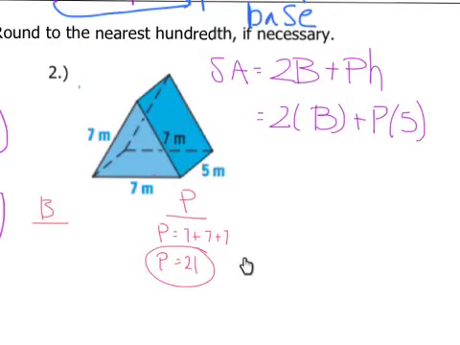Once we have that perimeter, you can go ahead and plug that into your surface area formula if you want. But we have some work to do on finding the area of that triangle.